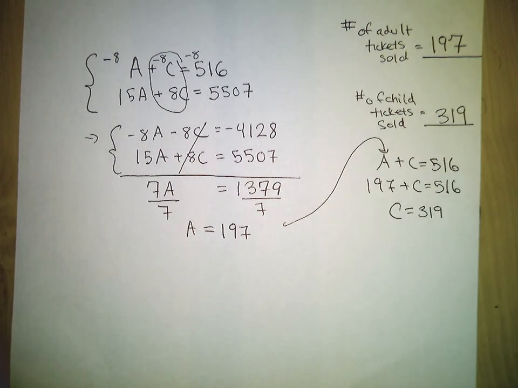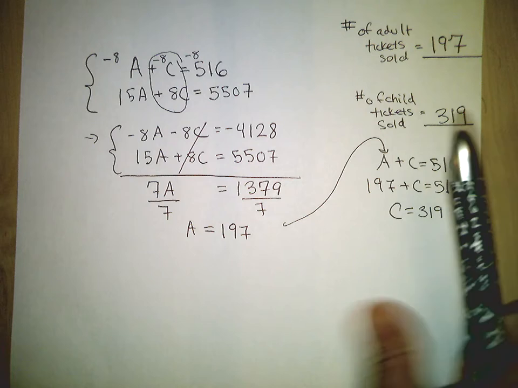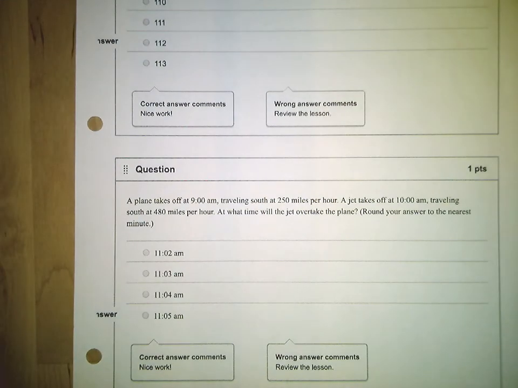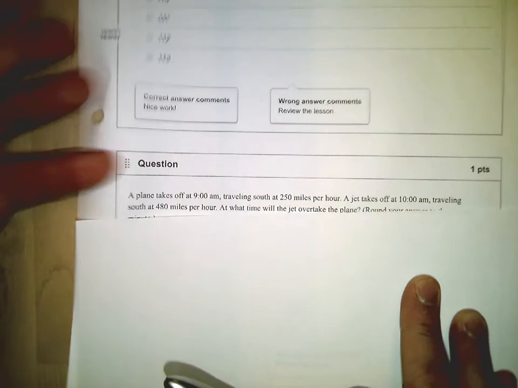What a time to be alive. I don't know how many people do this on their everyday basis, but I think that it's definitely something fun to do, right? Let's try another example here.